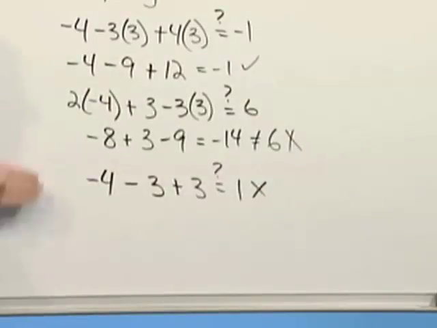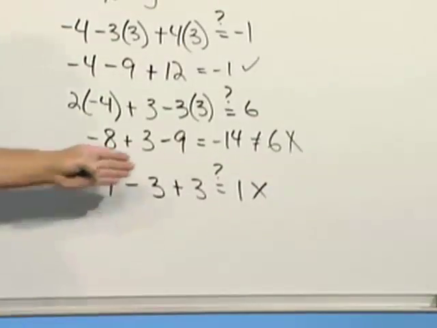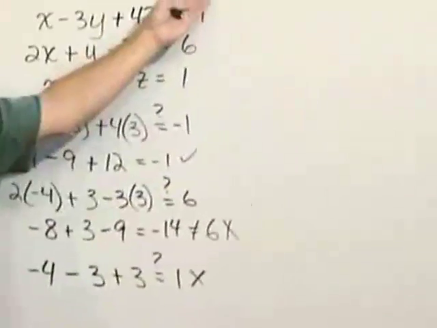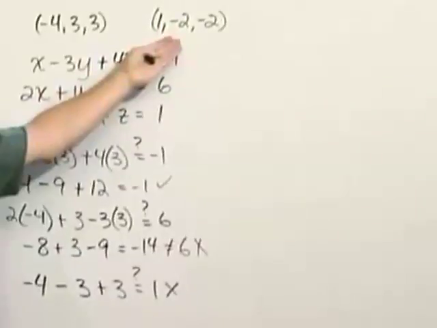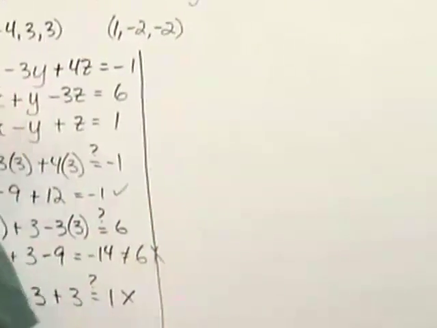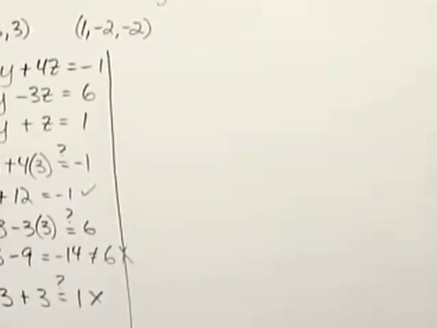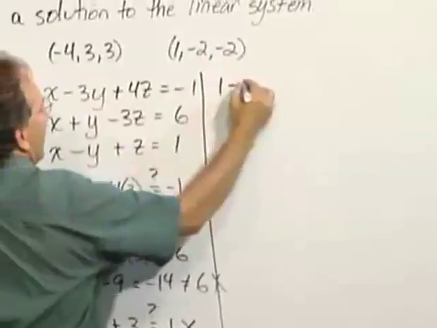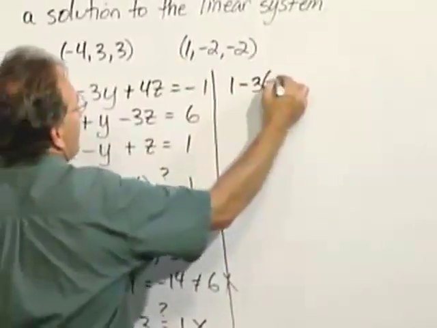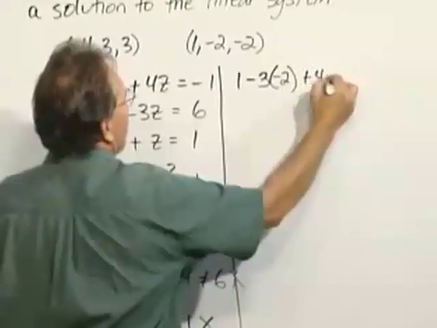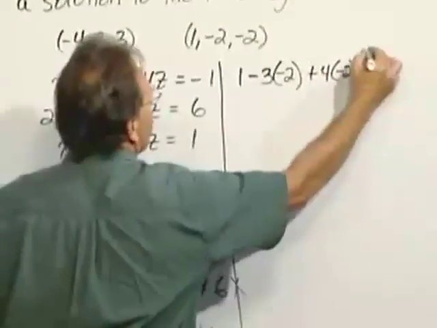So now, let's do that same exercise over here, substituting in this point of 1, -2, -2. So let's draw a line so that we don't get interfered. So we substitute 1 for x. 1 minus 3 times y, and y is -2, plus 4 times z, and z is -2.